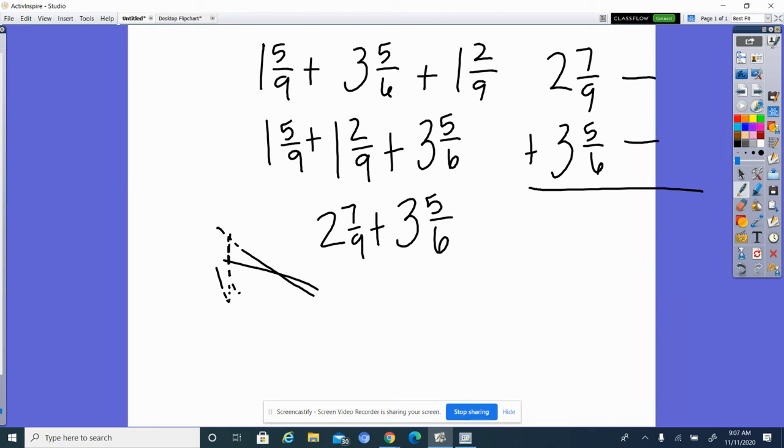What's our first question we ask? Can 9 be divided by 6? Can it? No. So we can't use 9 as our common denominator. So what do we need to do? Okay, list the multiples. So multiples of 6. Okay, remember, stop there. Okay, multiples of 9.